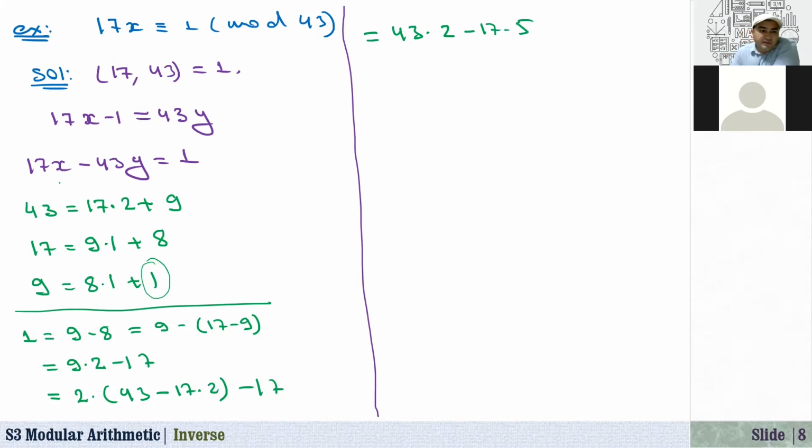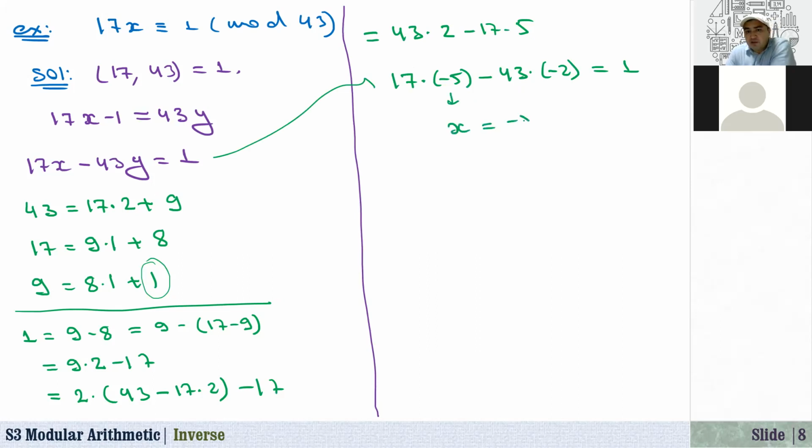So our equation is 17x minus 43y equals 1, right? I can write it as 17 times minus 5 minus 43 times minus 2. On the right hand side, we have 1. Which means that this is our x, so x is equal to negative 5. What does it mean?